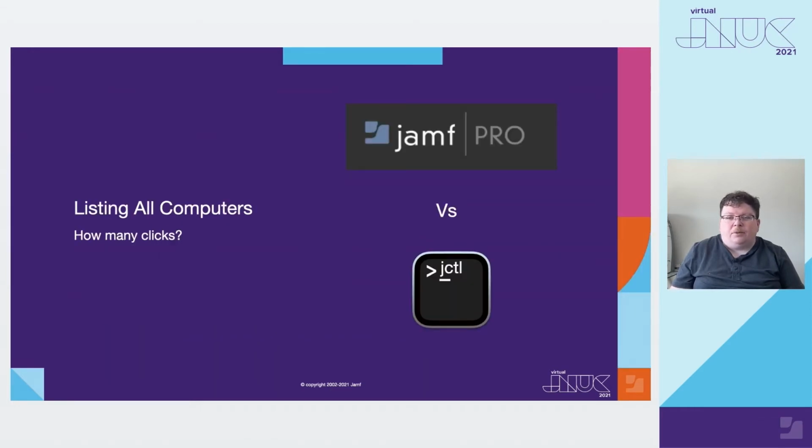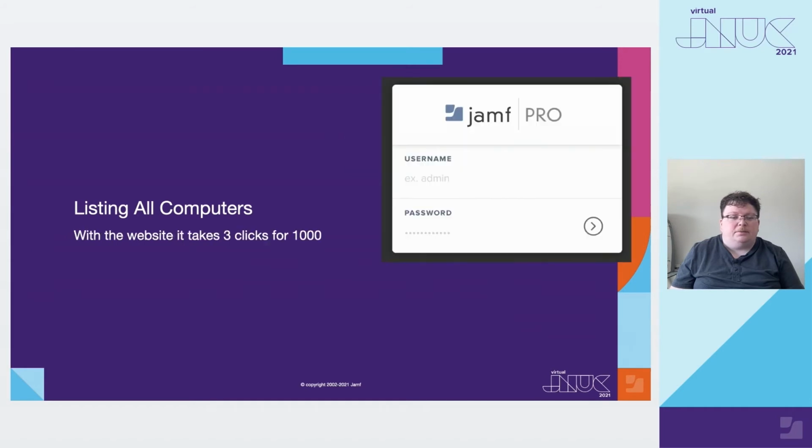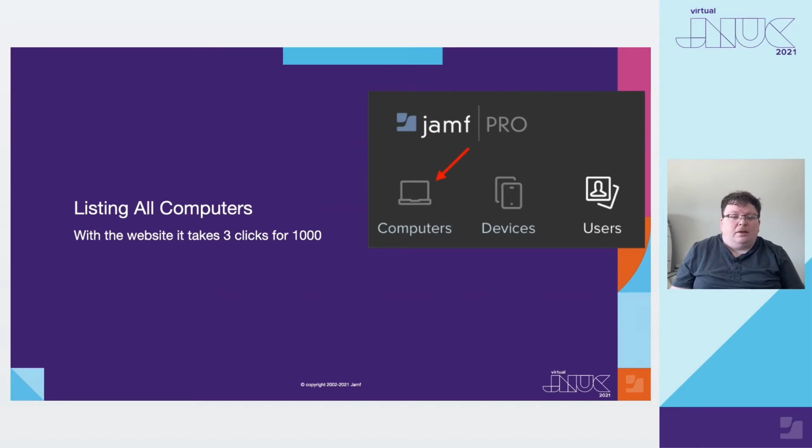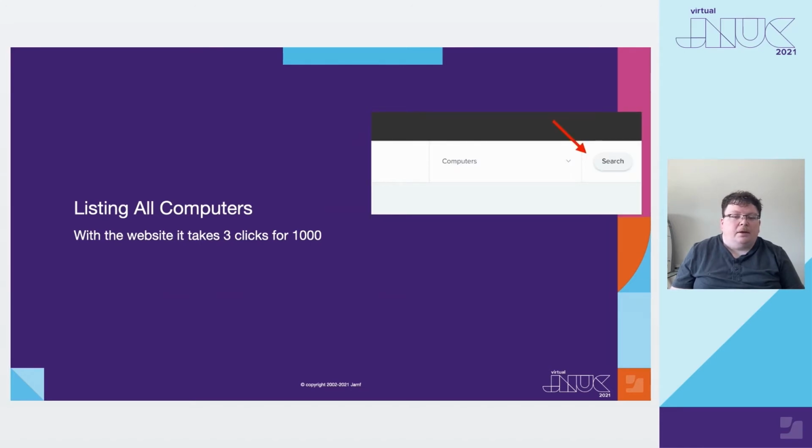So let's say that you want to list all your computers. How many clicks would it take to do it in Jamf Pro versus Jctl? Well, let's see. For Jamf Pro, it would take 3 clicks for 1,000. First, we would have to log in. Then we'd have to click computers. And then we have to click search.